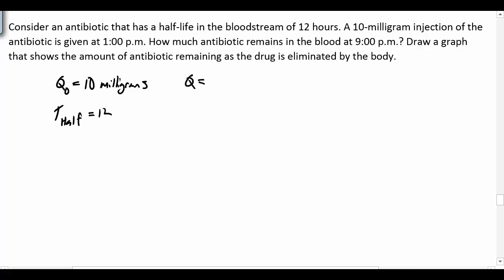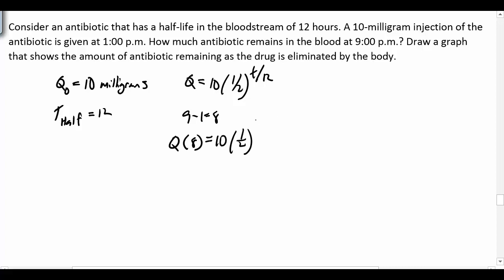So Q equals 10 times 1/2 to the t divided by 12. Okay, so at 9 p.m., 9 minus 1 is 8. So the amount in the bloodstream after 8 hours is 10 times 1/2 to the 8 divided by 12.